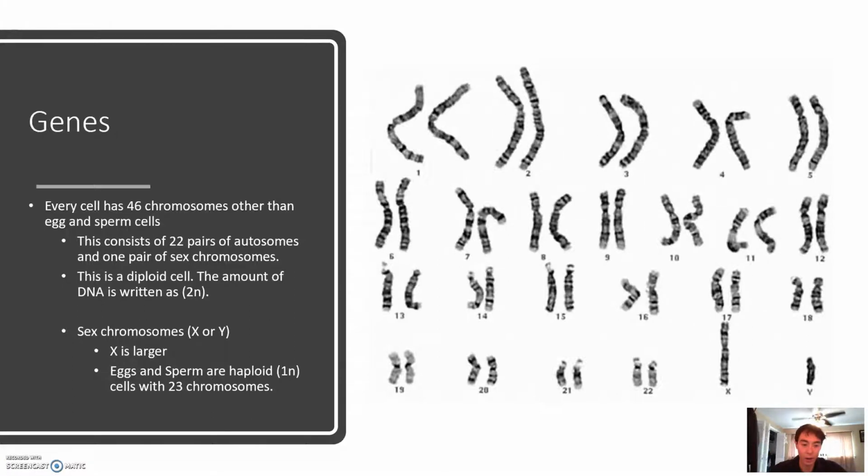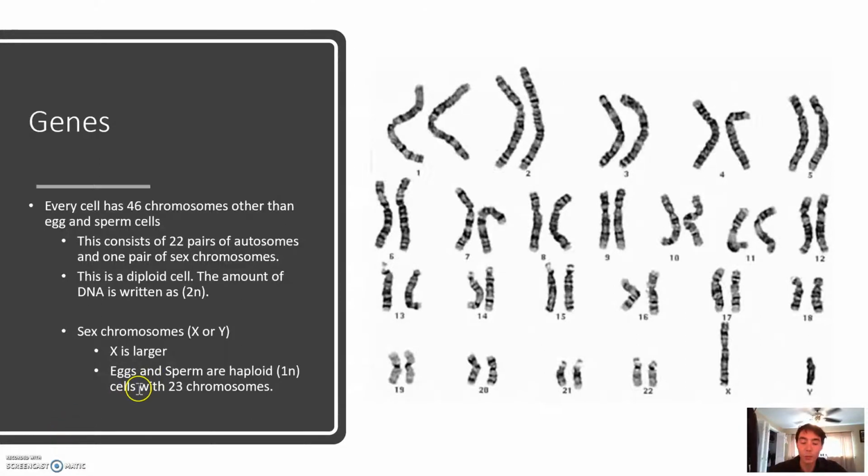Or I should correct and say that these have one chromosome from each of the 22 pairs of autosomes, and then one sex chromosome, either X or Y. So these are haploid cells, and the amount of DNA in these cells can be expressed as 1n.